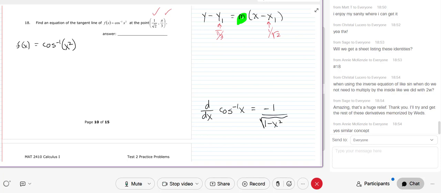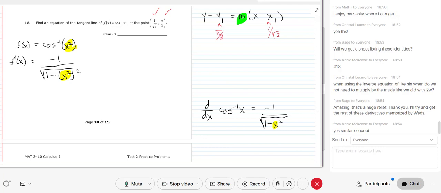So that is the derivative rule we're going to be using, and we do whatever that rule tells us to do. The thing is, we have to replace that x with x squared. So when you do your first derivative, you're going to have -1 over the square root of 1 minus the x squared part squared. You're replacing that x in the formula with x squared.